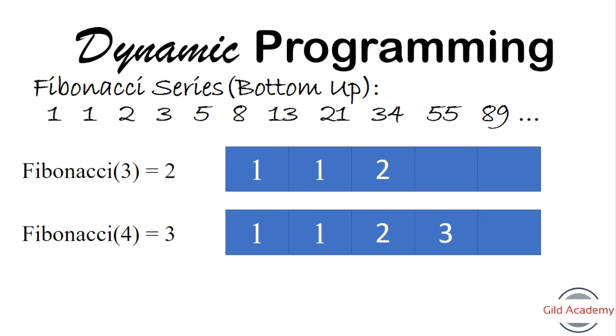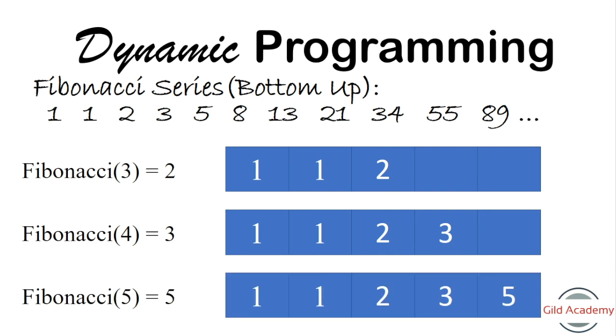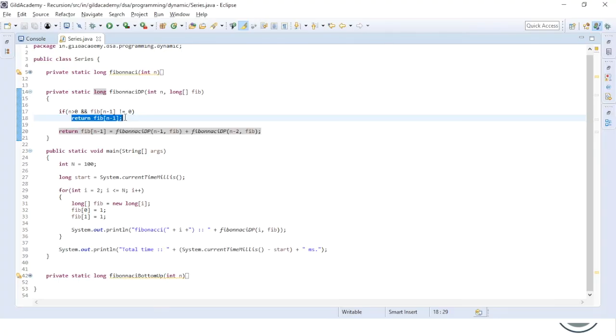Then we'll find the fourth value of the Fibonacci series by adding the second and the third elements. And finally, we are going to find the fifth element in the Fibonacci series by adding the third and the fourth elements, which is 2 and 3, and we get 5 as a result of that. So this kind of an implementation is known as bottom-up implementation, and let's have a closer look at this.